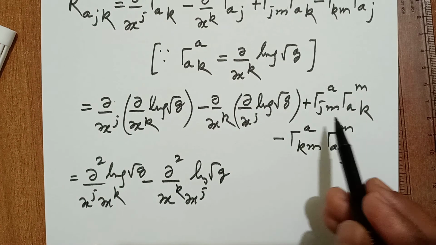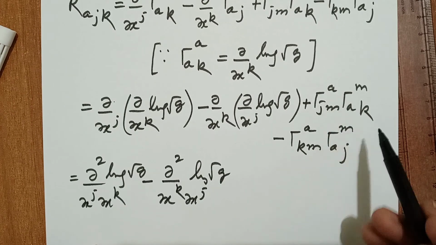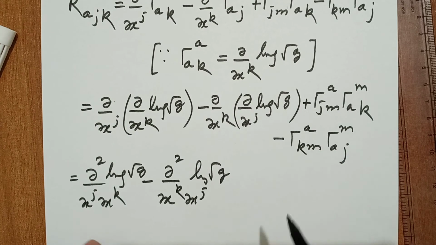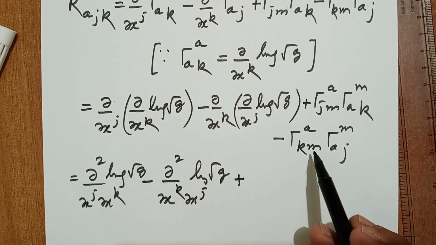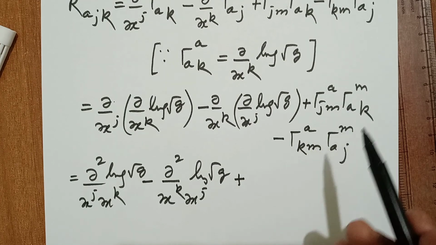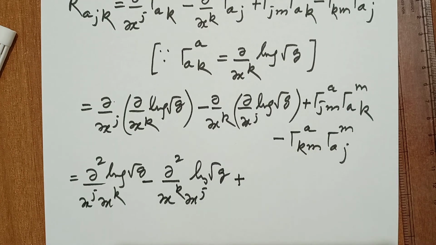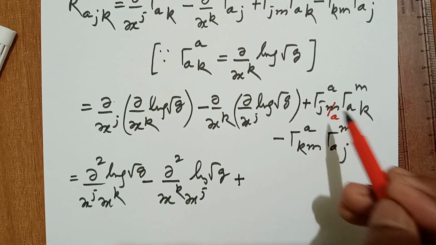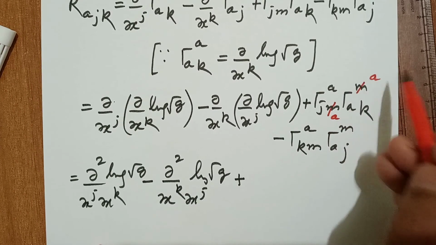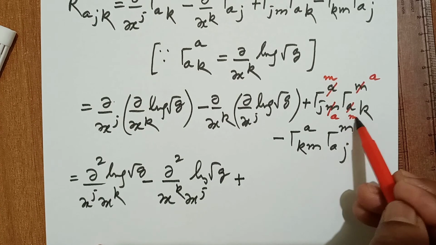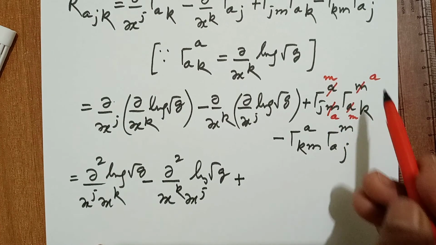Here m is a dummy index and a is a dummy index, so you can change them. Here j and k are free indices, so we cannot change j and k, we can change m and a. So here we have aj and here jm, so we put m equal to a and a equal to m. So this is m a j and here a m k.